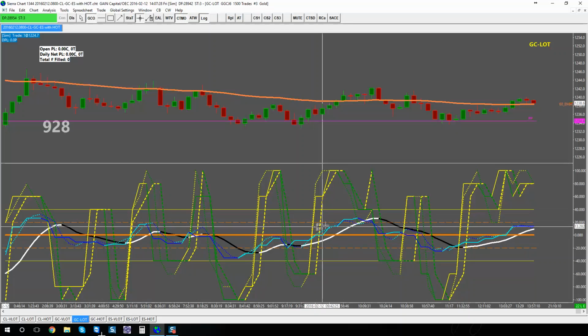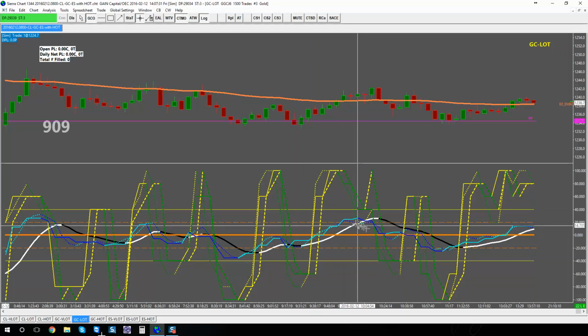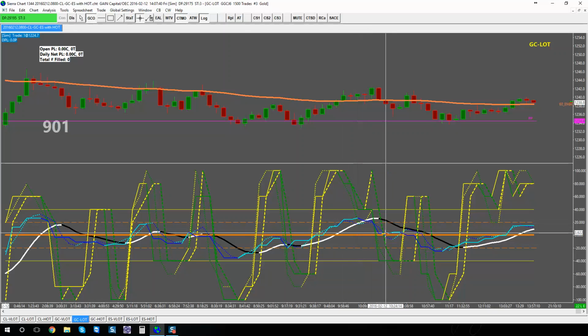And we would stay with it until right there, where the blue goes back into the white or the green crosses the blue. Would we have taken this chairback? Yes and no. If we did take it, we'd have to get out right there as the solid blue line goes sideways.